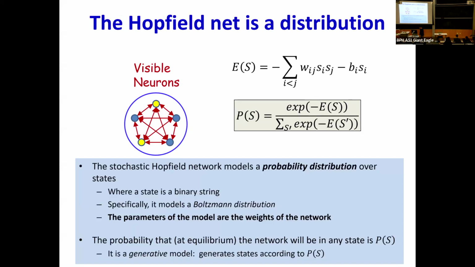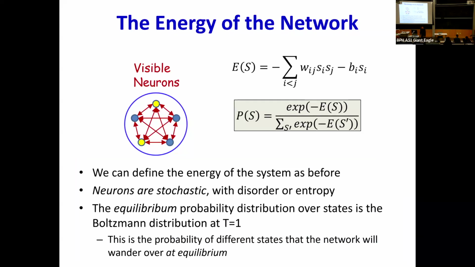And so if that happens, then the network is still going to evolve, and it's going to arrive at some stable configurations. Eventually, after a lot of evolution, it's going to arrive at a probability distribution over the states, and this is what is called the Boltzmann distribution for the network. The equilibrium probability distribution is the Boltzmann distribution of the network.